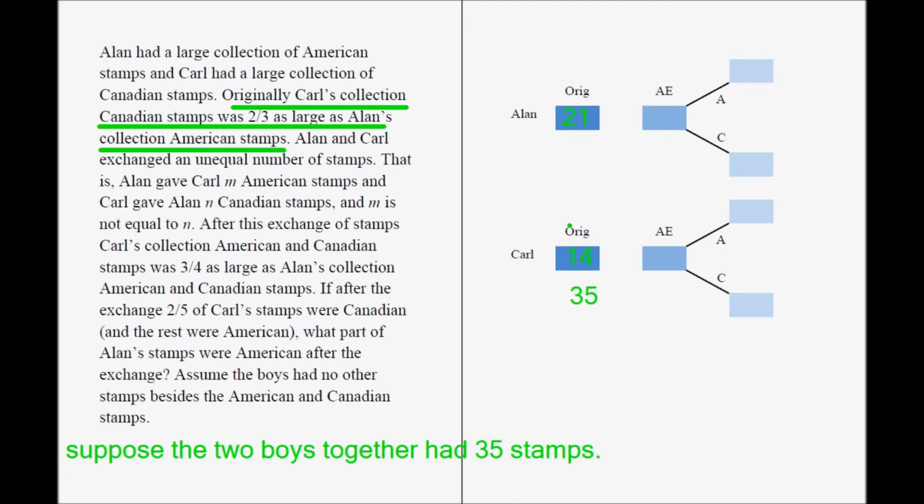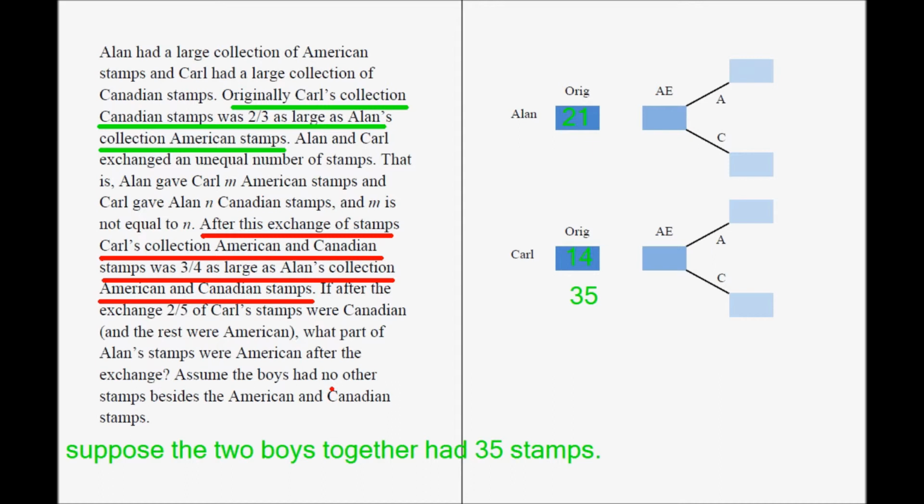Okay. After the exchange, what happened? After the exchange, we're going to use red and underline this. After the exchange, Carl's collection was 3/4 of Alan's collection.